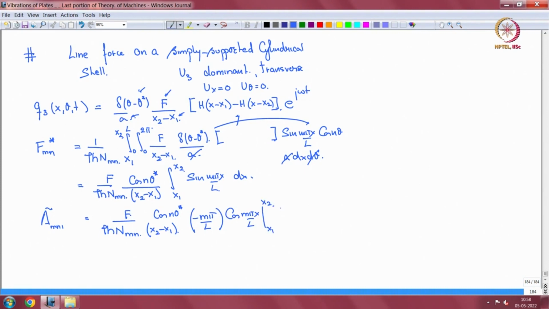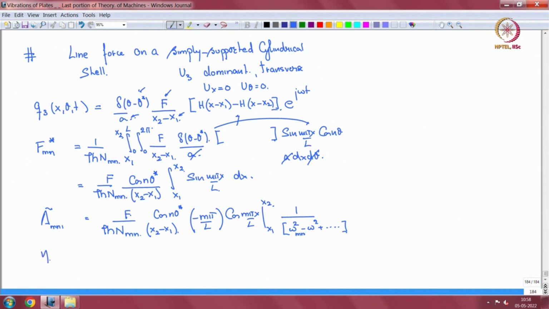Then the frequency term 1 over omega square mn minus omega square. I hope I didn't miss anything.